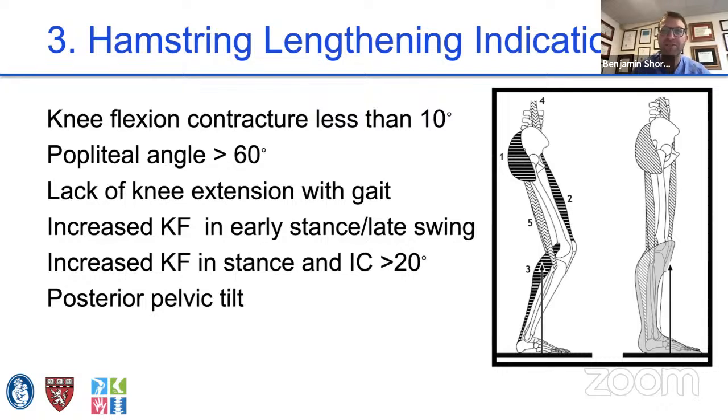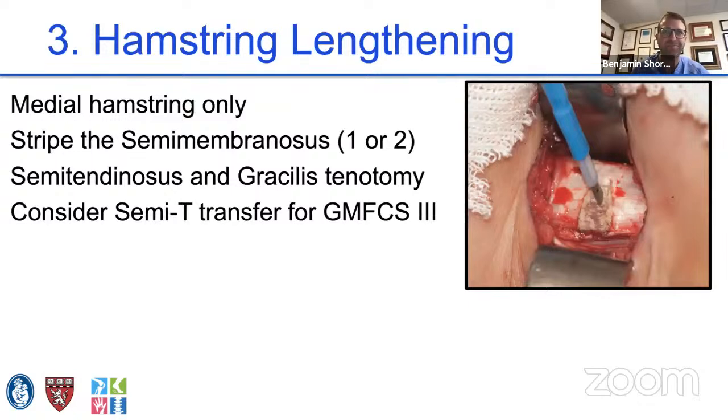I think posterior pelvic tilt for me is probably the most indicative, and I would tell you that I rarely do an isolated hamstring lengthening on any child because I think it's rarely just one hamstring tightness that's causing the problem. If I'm going to do hamstring lengthening, there are a host of different ways to do it.